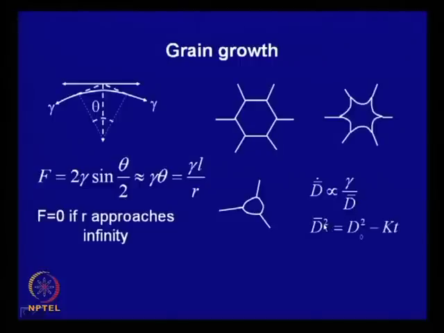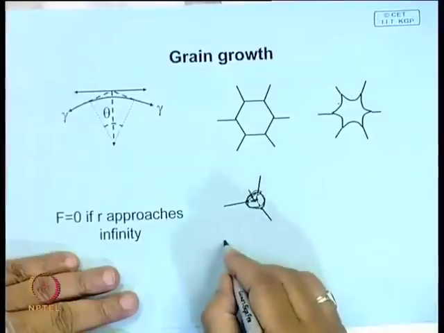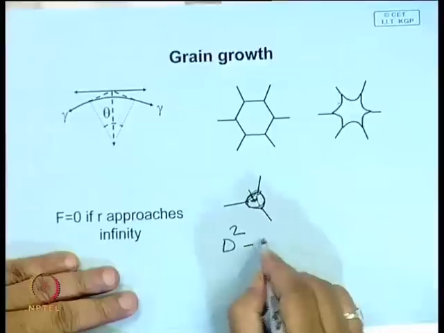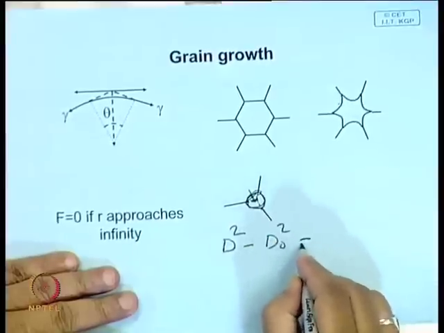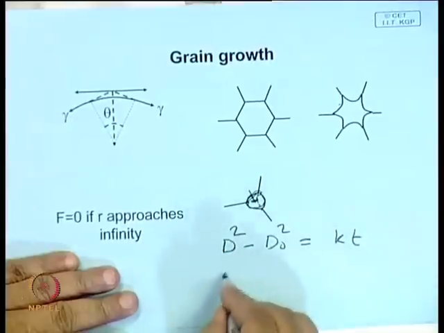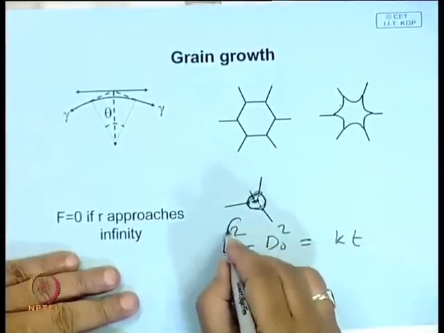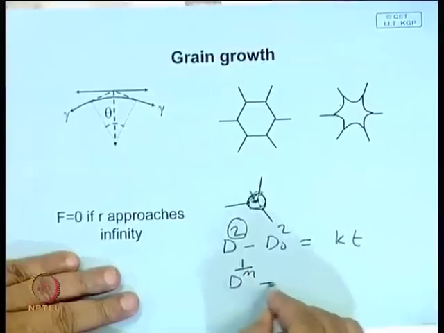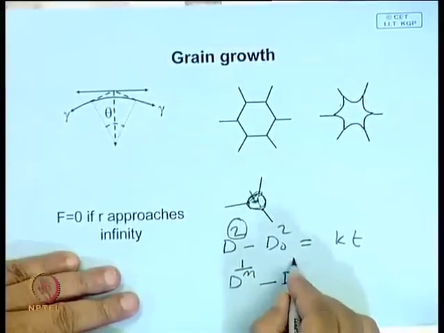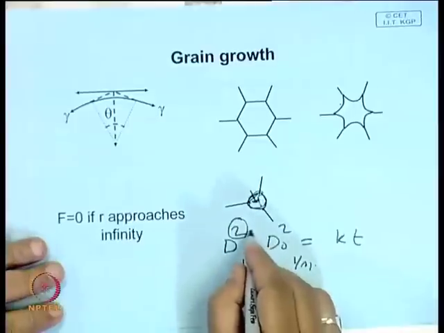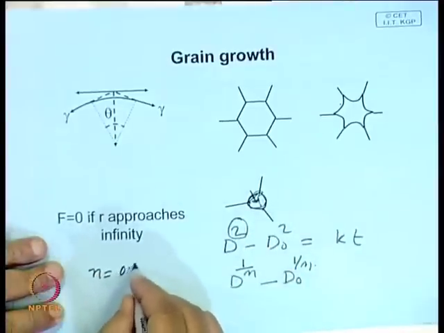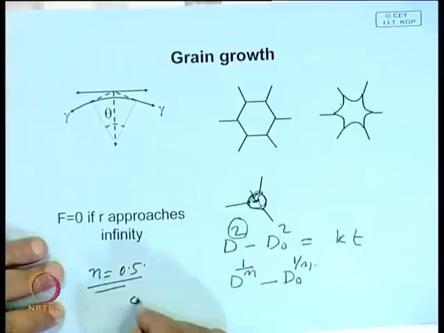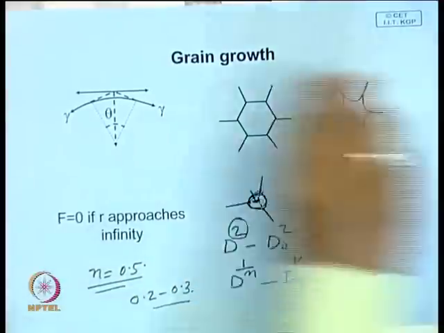Then you can easily show that grain growth kinetics will be something like this, d square minus d 0 square is equal to k T. In general, it has been found that this exponent is written as 1 over n. So, to get 2, n has to be 0.5, but for most material this may be around 0.2 to 0.3, it is not exactly 0.5.